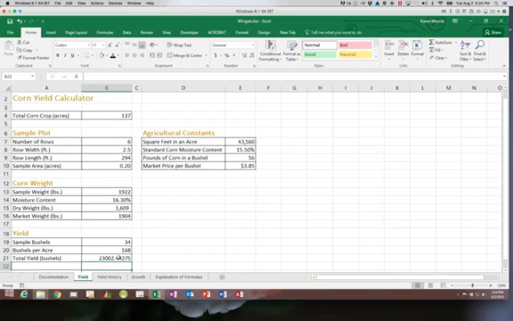And with this particular number here for the market weight, we're going to do a comma format, no decimals, and the same way here on B21, we'll choose comma, no decimals.